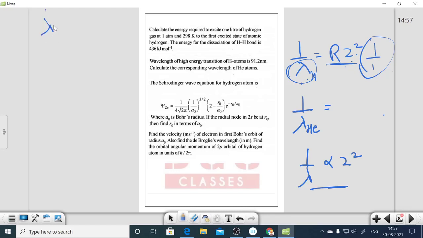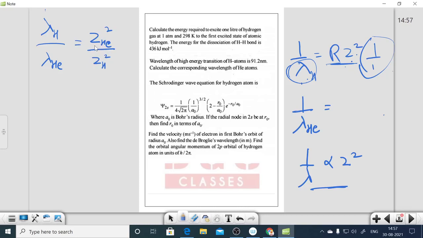Lambda hydrogen upon lambda He is Z He square upon Z hydrogen square. So now you can find it out.